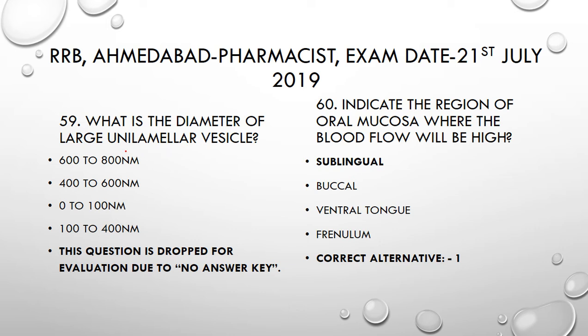What is the diameter of large unilamellar vesicles? That is also dropped. Indicate the region of oral mucosa where the blood flow is higher. Sublingual region, below the tongue, the blood flow is always higher.